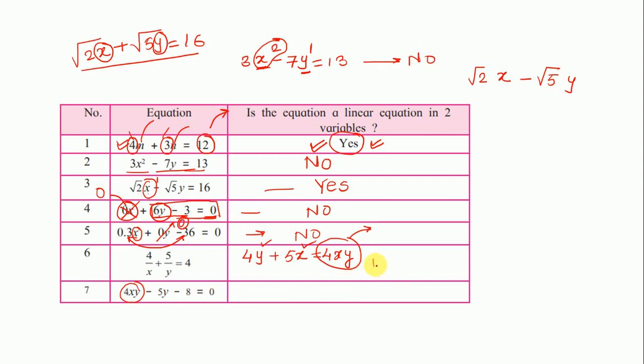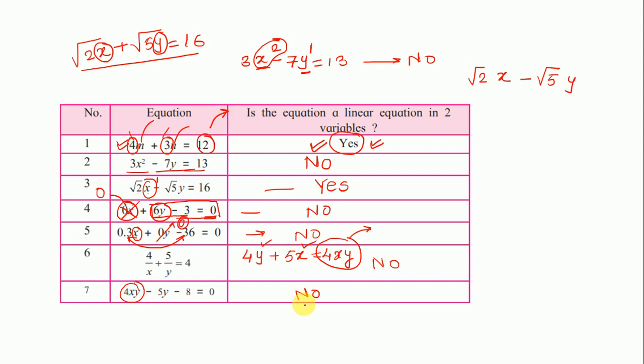The comment for these remaining two is no. In your exam they may give some equations and ask whether these are linear equations in two variables or not. So you have to understand how to check this, and what conditions need to be satisfied by every equation to be a linear equation in two variables.